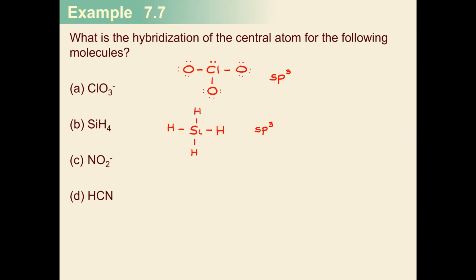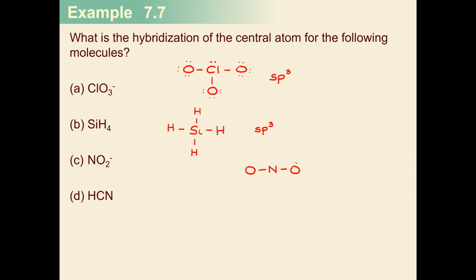So finally, we are now going down to our nitrite anion. So in this case, I will have my oxygen bound to a nitrogen and bound to the other oxygen. Remember that we must take that -1 charge to get the total number of electrons.